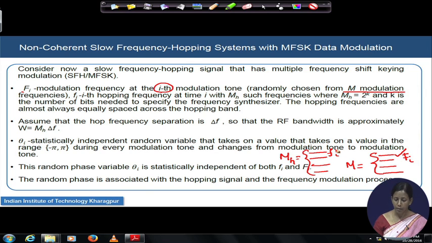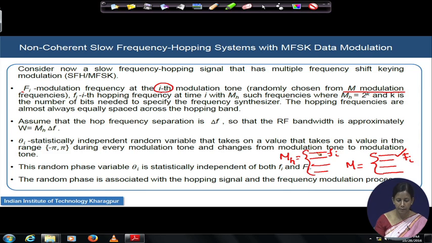Remember that for a typical data modulation, I may select multiple hopping frequencies if it is fast frequency hopping, and otherwise, for multiple data modulation symbols, I can choose a single hopping frequency, which is a slow frequency hopping system.